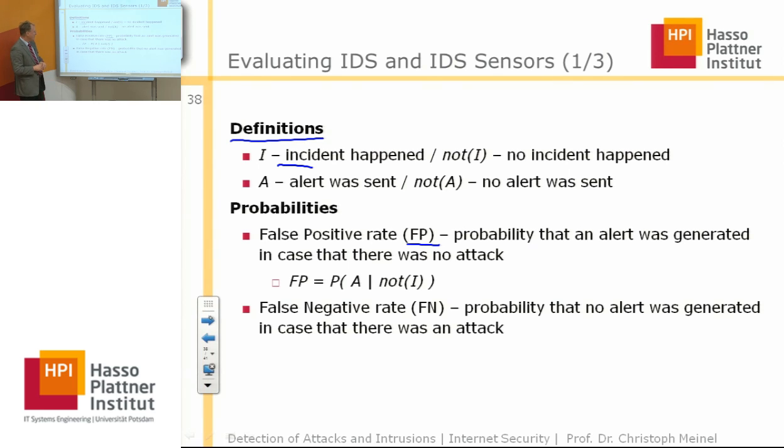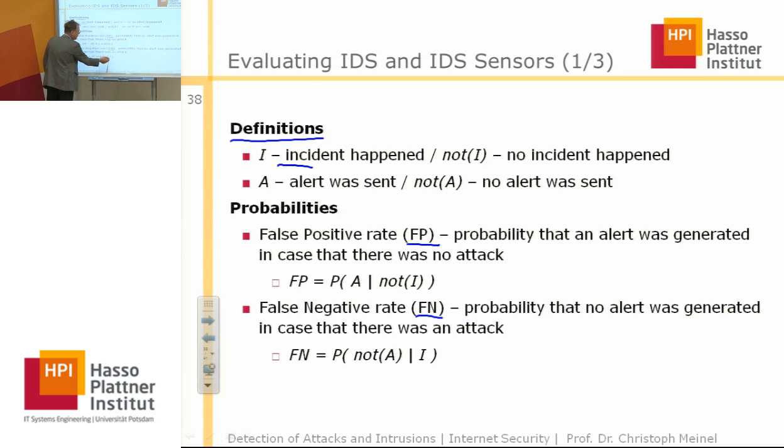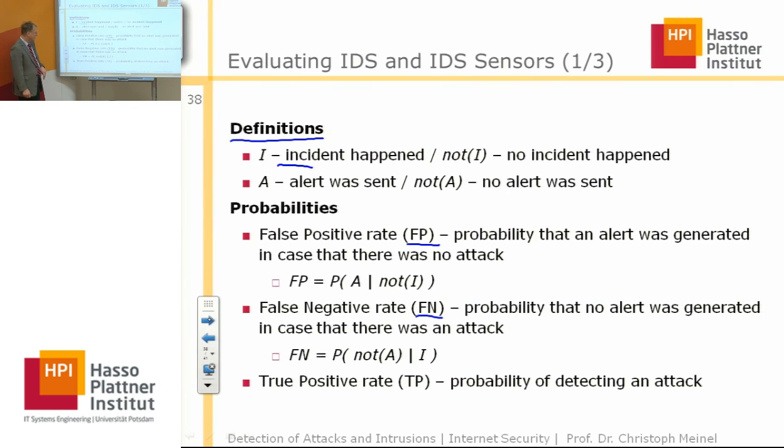The false negative rate, the FN rate, is the probability that no alert was generated in case an incident happened. That is the probability of the not-alert event under the condition that an incident happened.